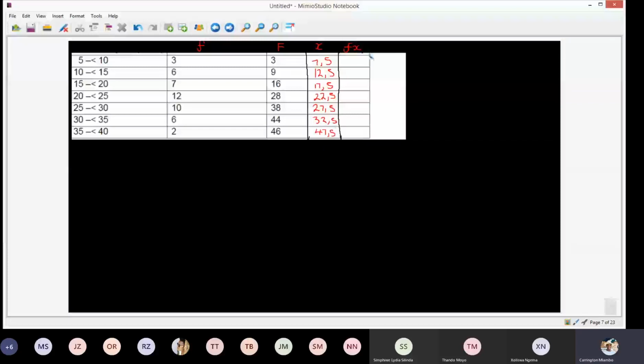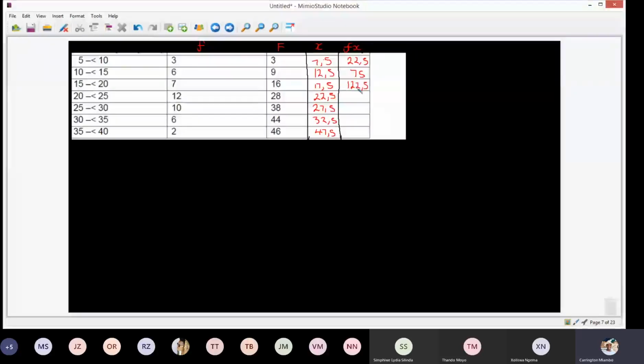Then you need to find your frequency times your X. It was 3 times 7.5, then you get 22.5. Then 6 times 12.5, you get 75. Then 7 times 17.5, you get 122.5.